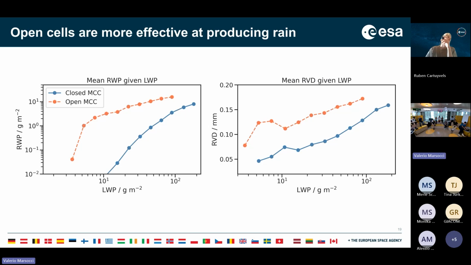And we see that for the same amount of liquid water path, open cells rain much more. And I checked, and it seems that this higher rainwater path comes mainly from the fact that raindrop sizes are much higher in open cells compared to closed cells. So it's not about the number concentration, for example, but about they accumulate somehow to much larger raindrop sizes.